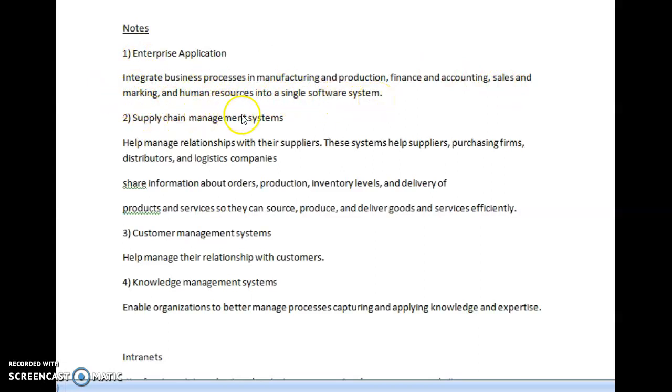Okay, supply chain management helps manage relationships with their suppliers. This system helps suppliers, purchasing firms, distributors, and logistics companies share information about orders, production, inventory levels, and delivery of goods and services so they can source, produce, and deliver goods and services efficiently.